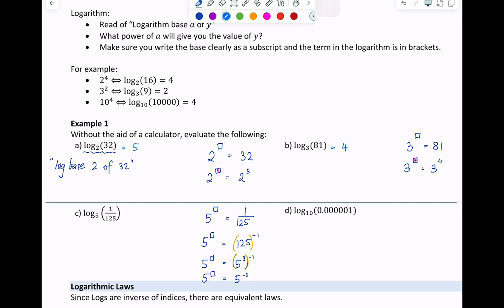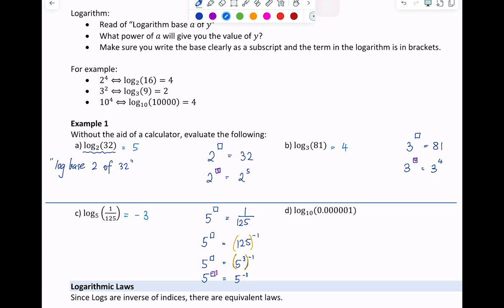So we've re-expressed it with the same base now, which means we can do a direct comparison of the powers. This means that 5 to the power of negative 3 is equal to 5 to the power of something, which is 1 over 125. So to evaluate this, our answer will be negative 3.